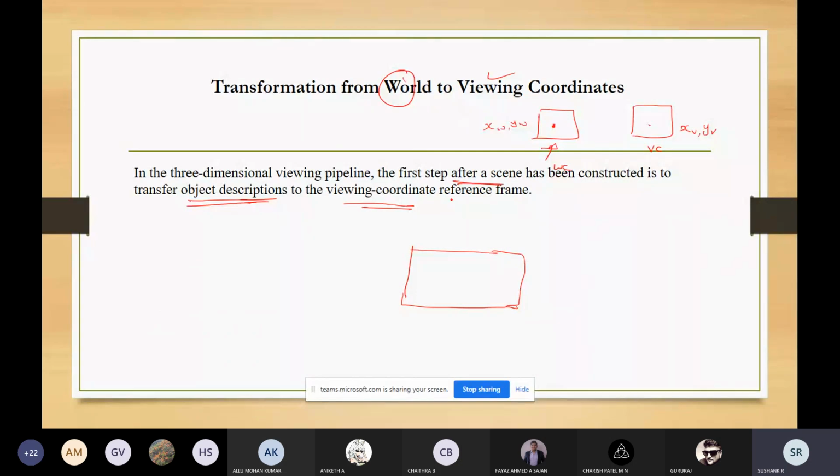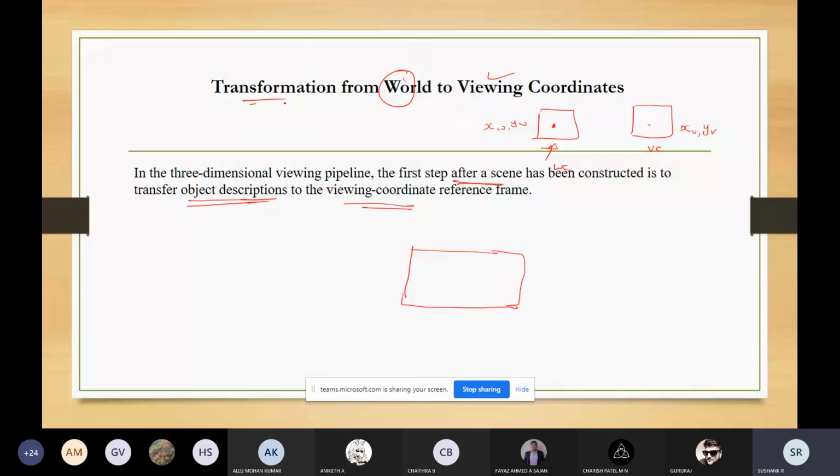Once the scene has been constructed, you have to transfer the object description. The sequence of steps of transferring this object description is equivalent to the transformation.